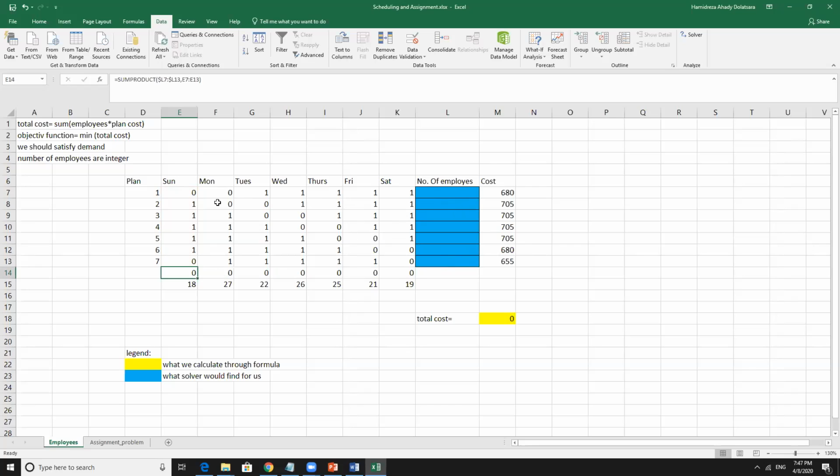We know that from plan 1, nobody works on Sunday, and also from plan 7, nobody works on Sunday. But if I pick 5 from each plan, the total number of employees on Sunday would be 5 plus 5 plus 5 plus 5 plus 5, which is 25. So here basically it is the summation of whether we have an employee from each plan or not, 0 or 1, times the number of employees that Excel would calculate for us.